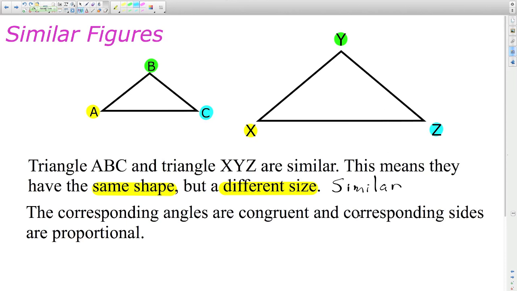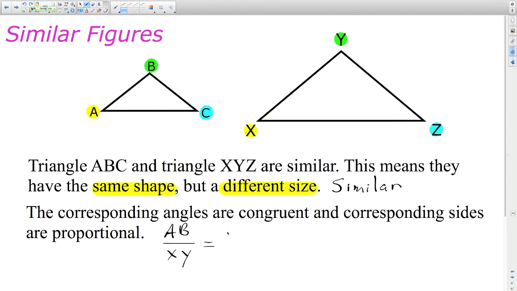Now here's the important part: the corresponding sides are proportional. We just learned how to solve problems with proportions, and similar shapes, in this case similar triangles, have sides that form a proportion. It's going to be an extended proportion where side AB corresponds to side XY, and we can write that as a ratio, AB to XY, and that's going to form a proportion when we set it equal to BC over YZ.